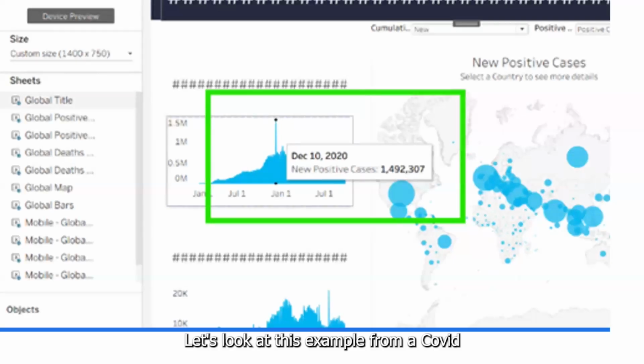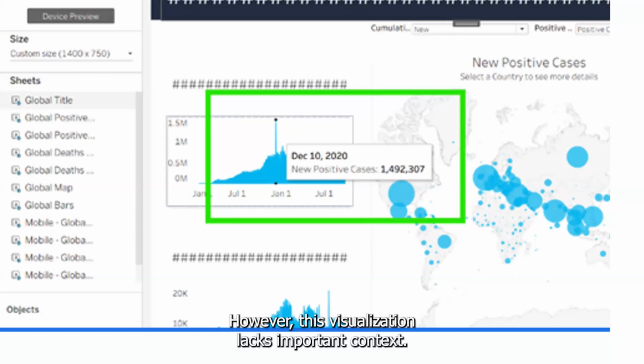Let's look at this example from a COVID-19 dashboard that tracked global new cases and deaths. At first glance, the chart suggests a dramatic spike in new cases around December 10th, 2021. However, this visualization lacks important context. The increase may reflect increased testing before holiday travel, changes in reporting practices, or testing requirements imposed by states or airlines.